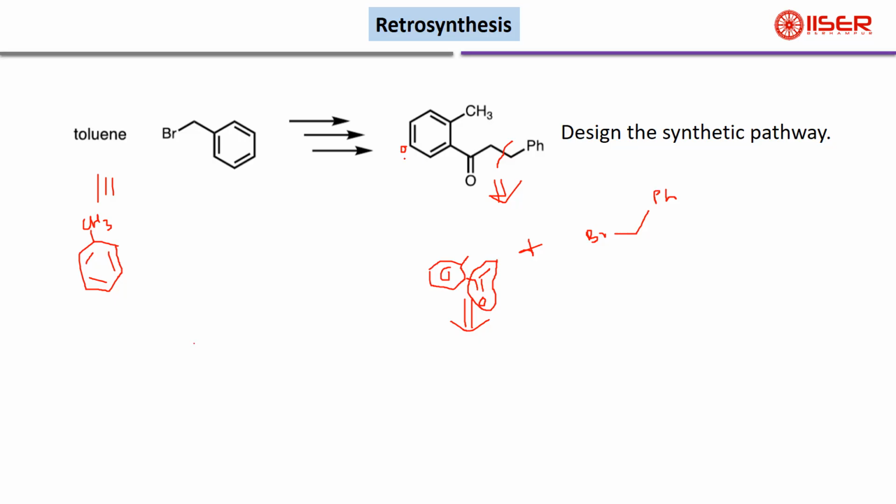So you have to block the para position. For that, if we perform a sulfonation of this compound, then it will enter this para position.